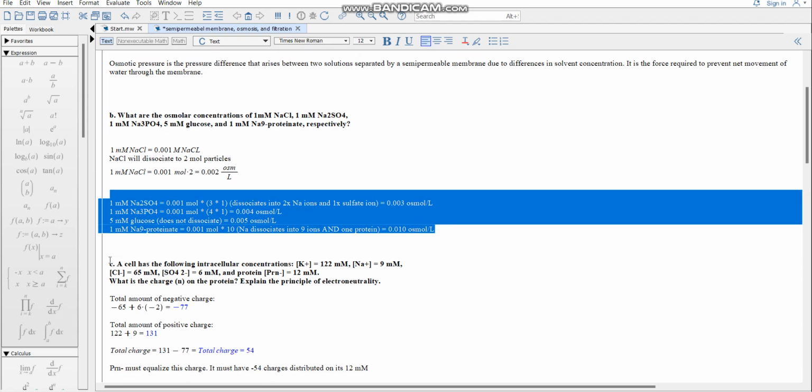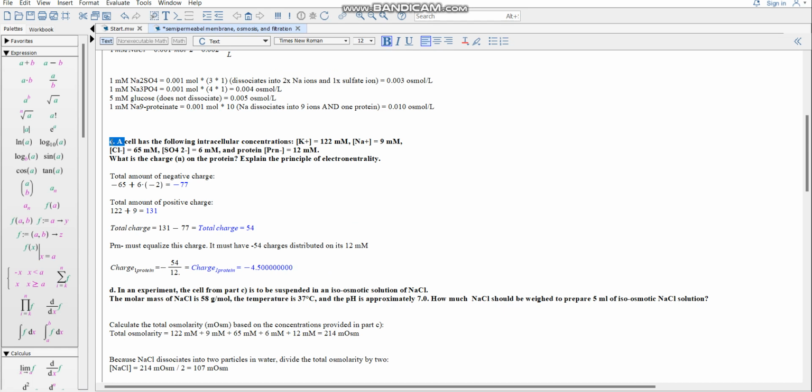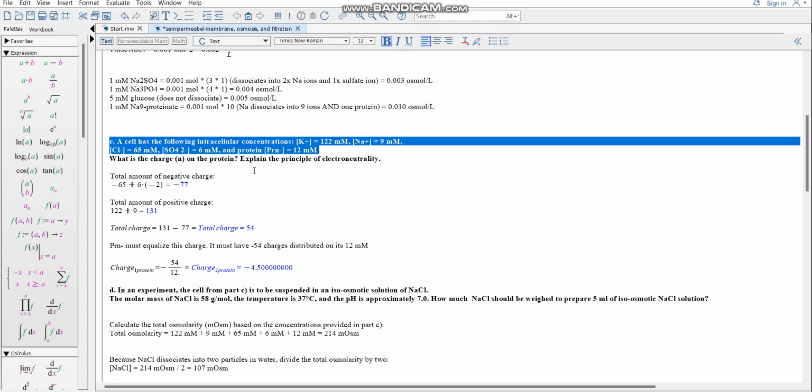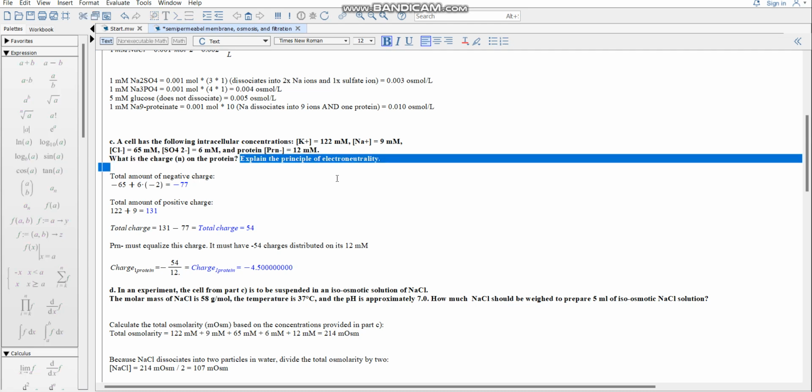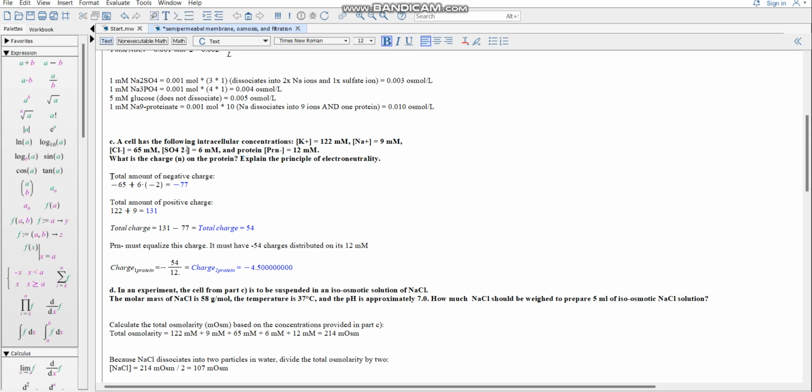Now they ask you, a cell has the following intracellular concentrations for all these different things here. What is the charge on the protein? So this is the protein. Explain the principle of electroneutrality. So we can count the total amount of negative charge to be minus 65 plus 6 times minus 2.